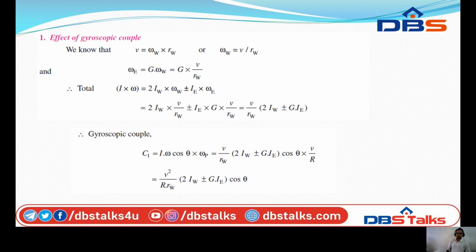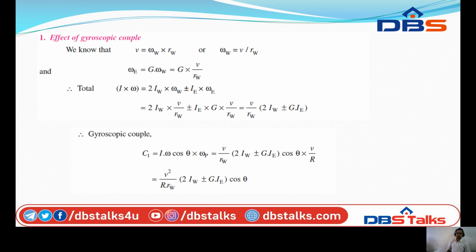This angle is known as the angle of heel. In other words, the axis of spin is inclined to the horizontal at an angle of theta, which is shown in diagram C. Thus, the angular momentum vector I omega due to spin is represented by OA, inclined to OX at an angle theta.